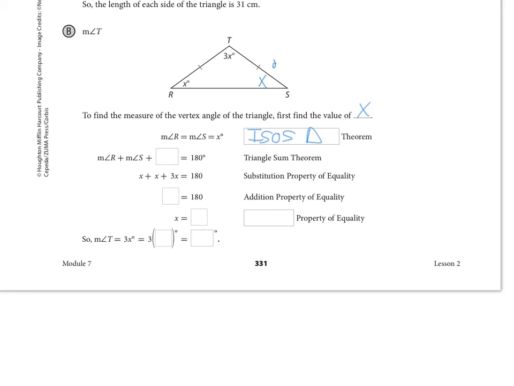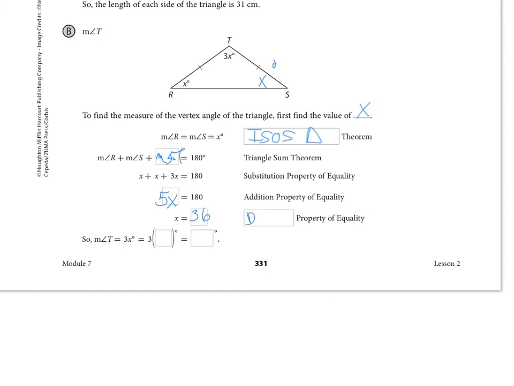So when we add those three angles up, r plus s plus the measure of angle t, we know that has to be equal to 180 in the triangle sum theorem. So x plus x plus 3x equals 180, or adding like terms, 5x equals 180, and dividing by 5 we get that x is 36.